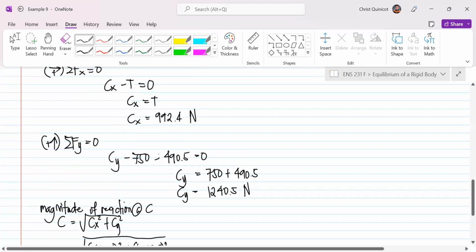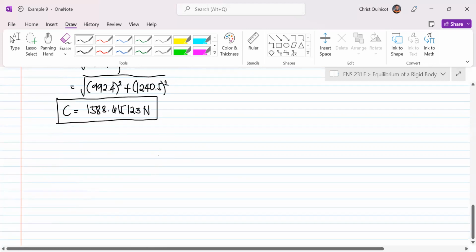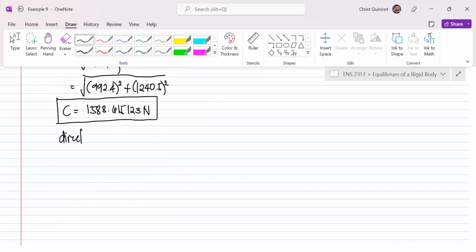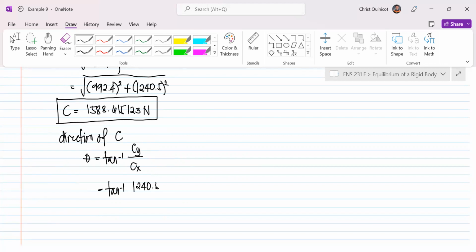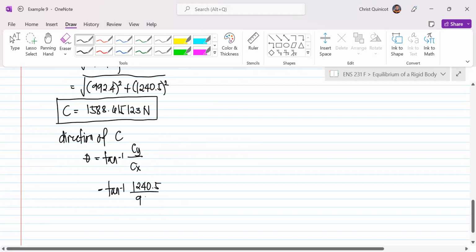Of course, since we have an x and y component, it must have an angle. So our direction of C, theta, is equal to inverse tangent of C sub y over C sub x, which is inverse tangent of 1240.5 divided by 992.4.